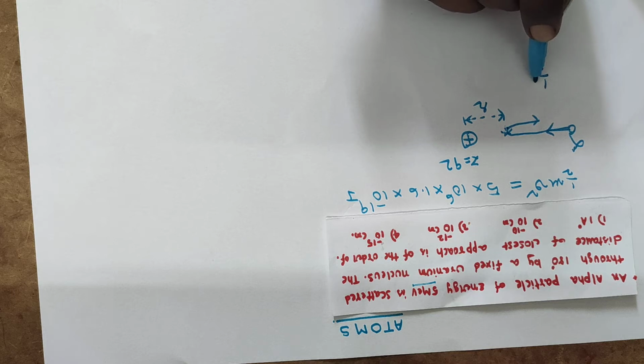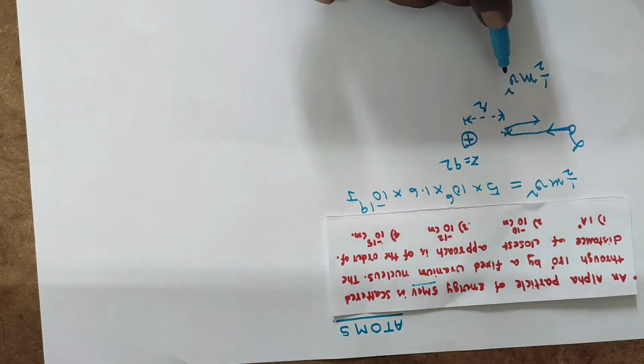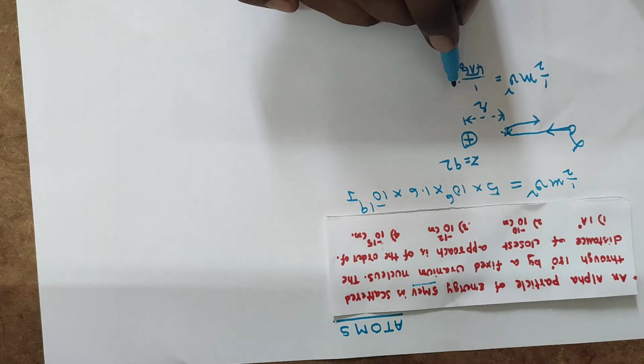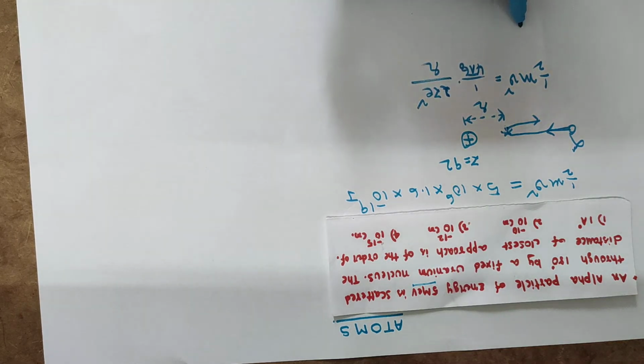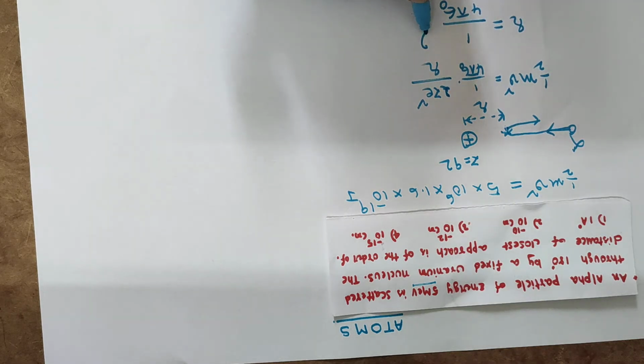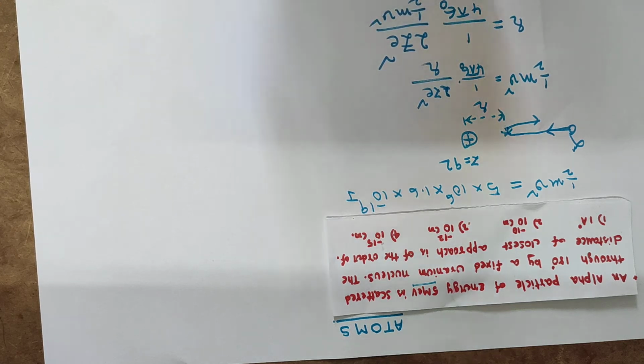So half mv square is equal to 1 by 4 pi epsilon naught into 2Ze square divided by r. From this we can get r is equal to 1 by 4 pi epsilon naught into 2Ze square divided by half mv square.